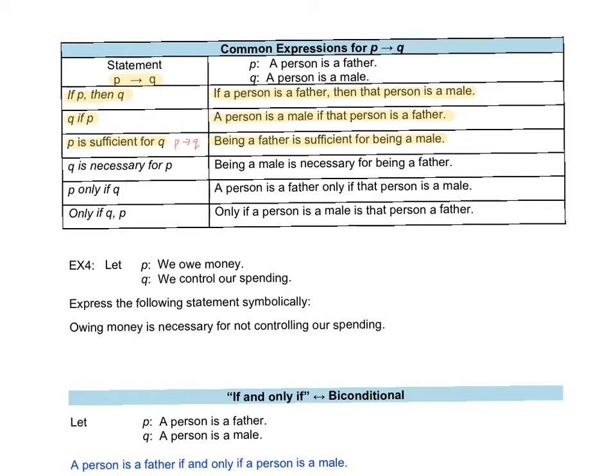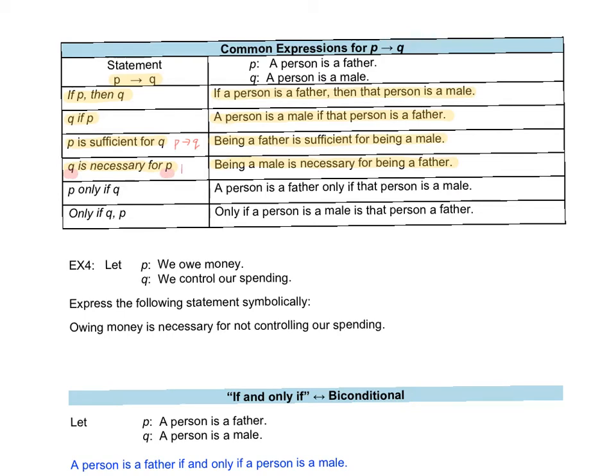However, if I use the word necessary, Q is necessary for P, being a male is necessary for being a father. Necessary means change the order around. So if it's a Q is necessary for P, I would switch the order.